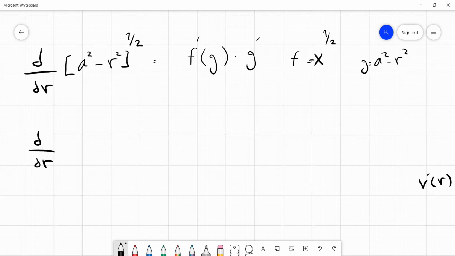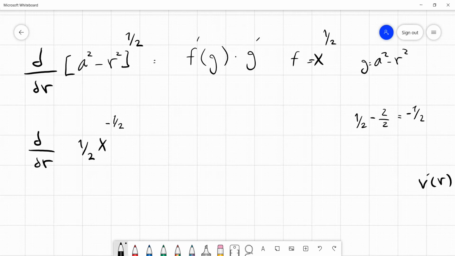So the derivative of x to the power of 1/2. Sorry, I kept saying x squared. It's x to the power of 1/2 would be half. So we bring the power down next to x to the power of negative 1/2. What I did there is that I took 1/2 and I minused it by 2/2, which is 1, and that resulted in negative 1/2.